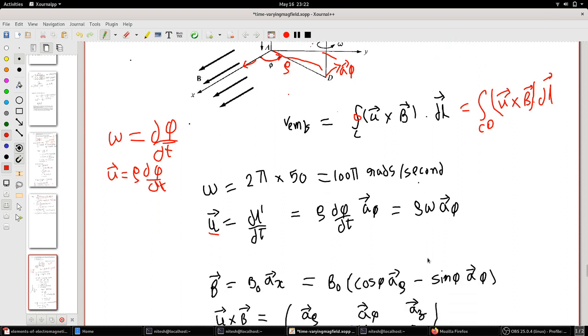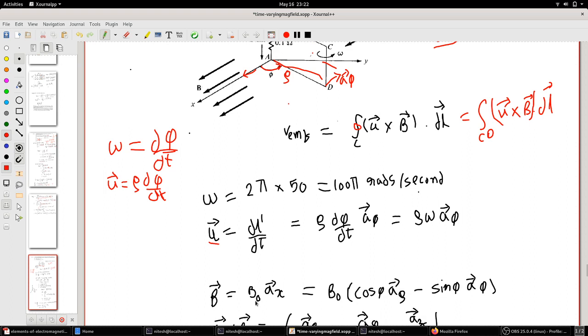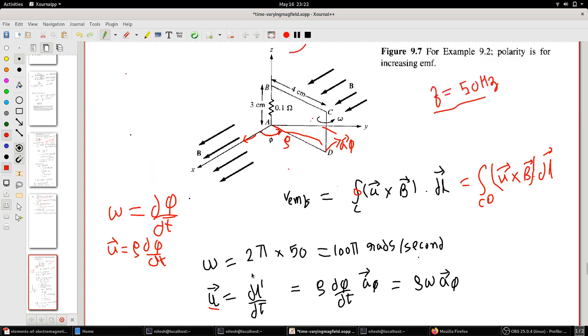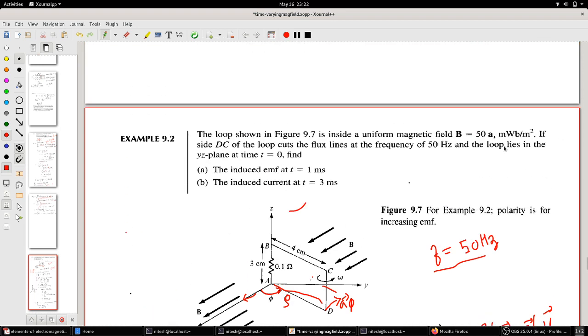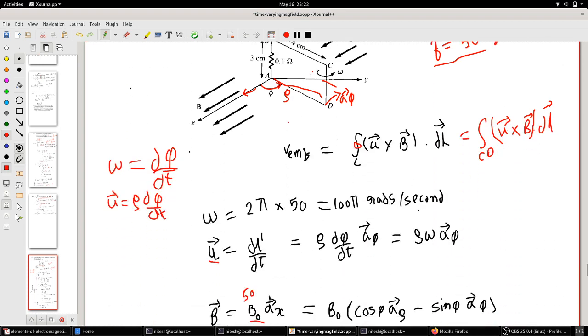So B is equal to B0 aX. Right now we'll just use a term called B0. It's a magnitude which is actually 50. The magnitude of the field is 50, 50 aX milliwebers. So 50 into 10 raised to minus 3 is B0.